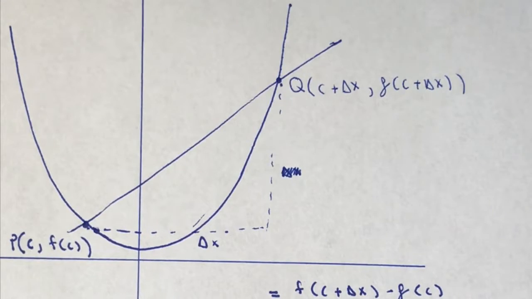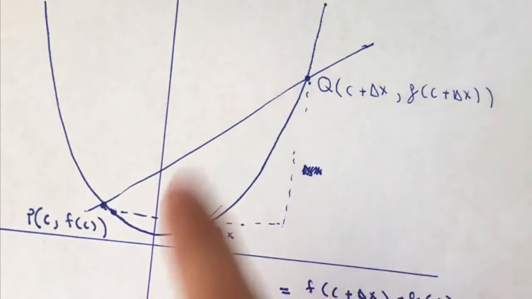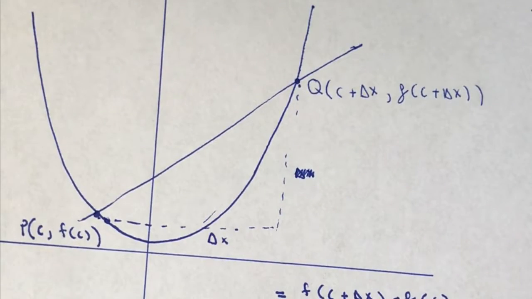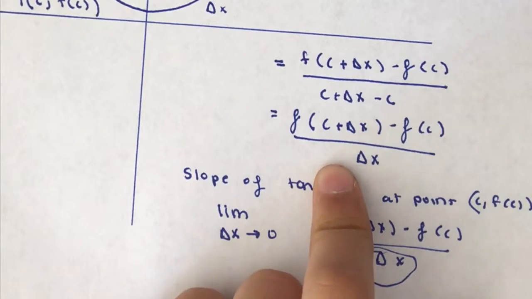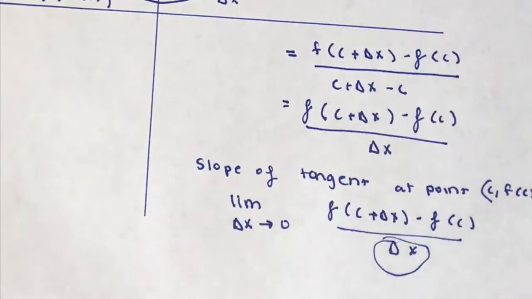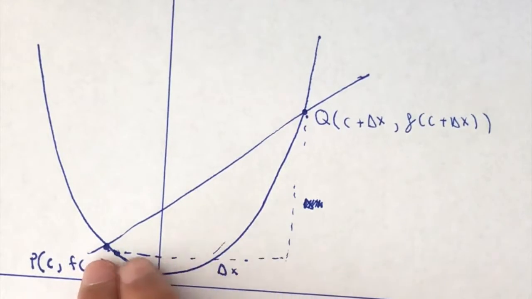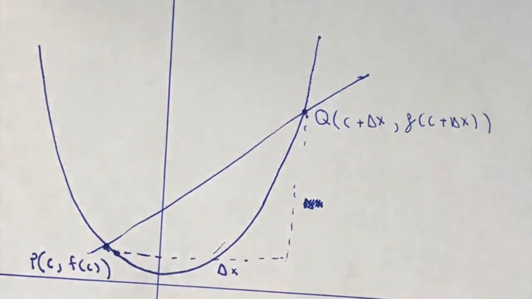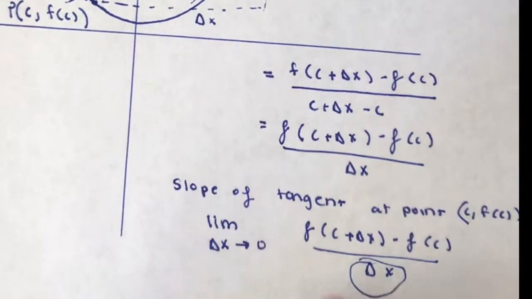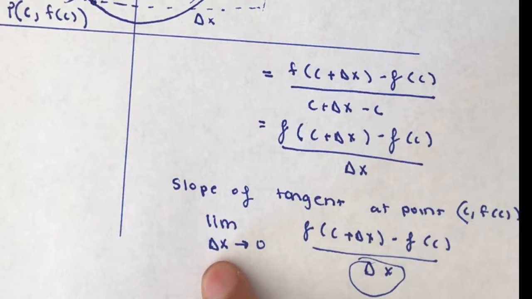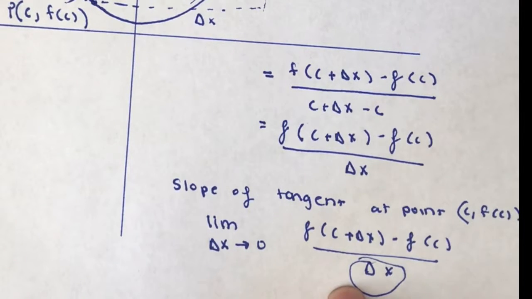And so if you were to find the slope of the secant line, which would be this line, you would use y2 minus y1 over x2 minus x1, which is right here, and then you'd simplify and you'd get something like this. However, if you wanted to find the slope of the tangent line, which is when the distance between point Q and P is 0, you would find the value as delta x approaches 0.